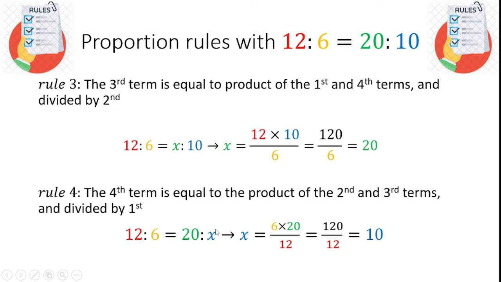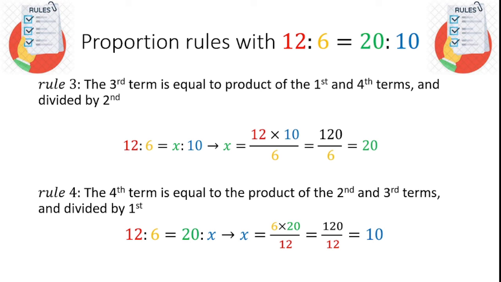So now I want to identify the fourth term, which is x. x is equal to the product of the second term 6 and the third term 20 divided by the first term 12. So I get the statement 6 into 20 divided by 12. From this I can get the fourth term, which is 10. Okay. Likewise, we can find the unknown values in proportions.